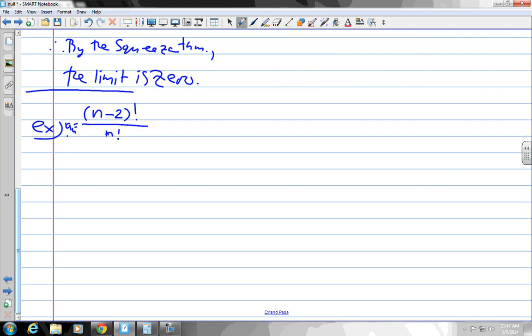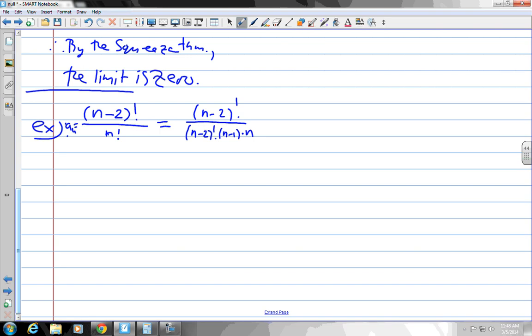Yes, so we'll reduce it. We'll use our knowledge of factorial. How do you get to n factorial? You have to multiply the first n minus 2 terms times the next, which is n minus 1, times the next, which is n. So n factorial can be expressed as n minus 2 factorial times n minus 1 times n, right? Let's say n is 7.